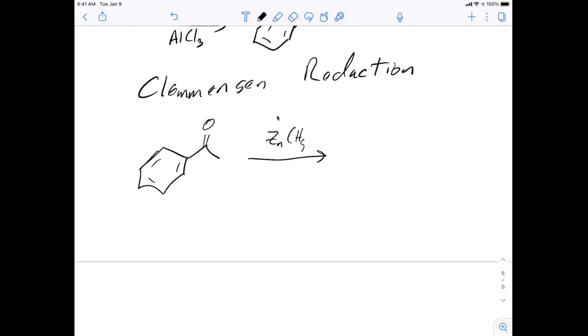That's just a fancy way to say zinc and mercury, acid, and some heat. That will reduce that benzylic carbonyl down to the alkane. We're not going to go through the mechanism on this one.